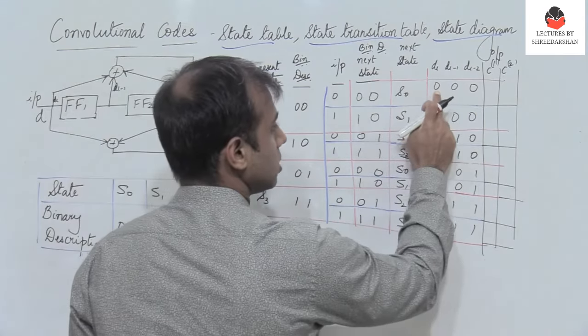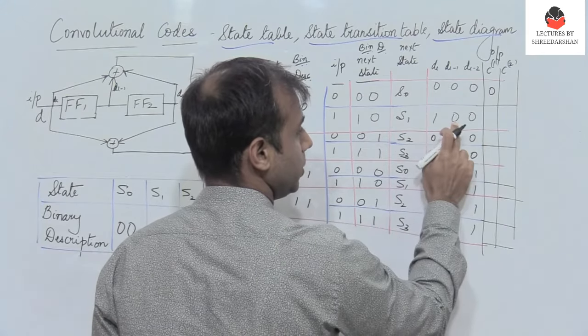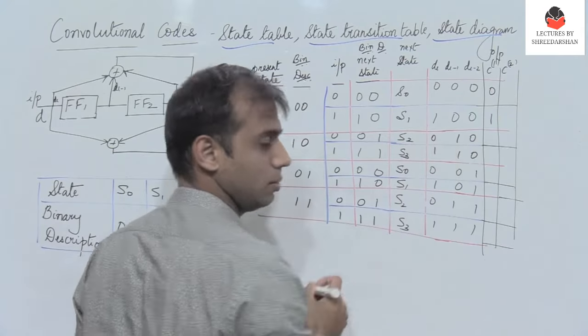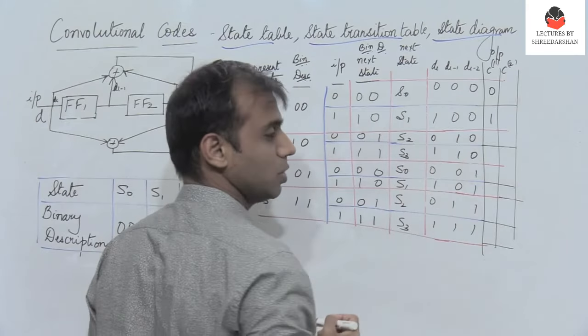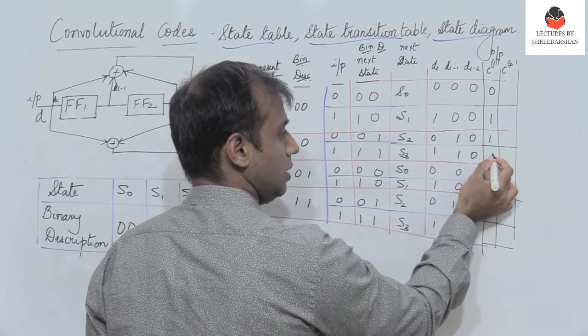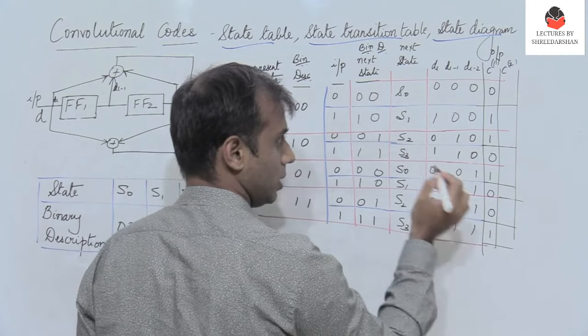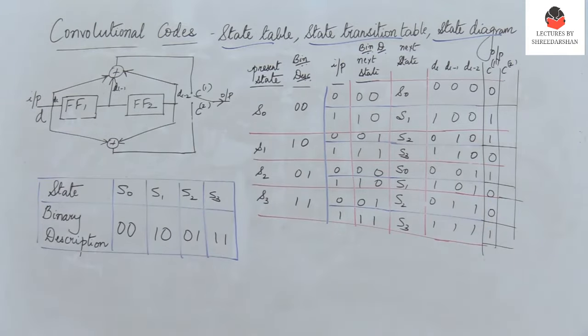So C1: 0 XOR 0 XOR 0 is 0. Next, 1 XOR 0 XOR 0 is 1. Next, count the number of ones. Odd number of ones, you write 1 here. Next, even number of ones, 0. 1, 0, 0, 1. So wherever you have an odd number of ones, the output would be 1, and if I have an even number of ones, the output would be 0.